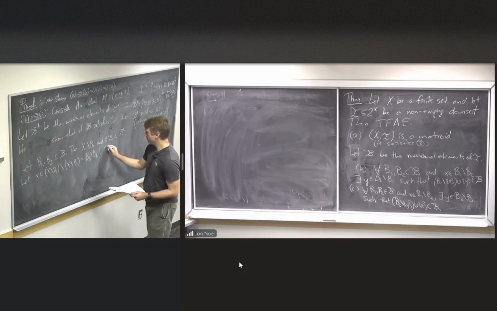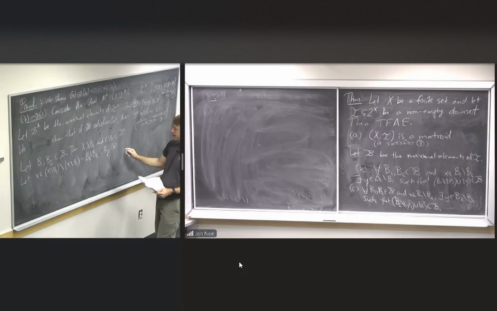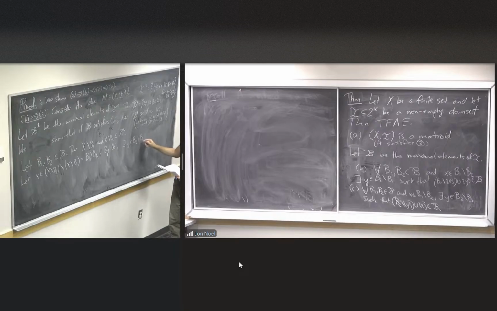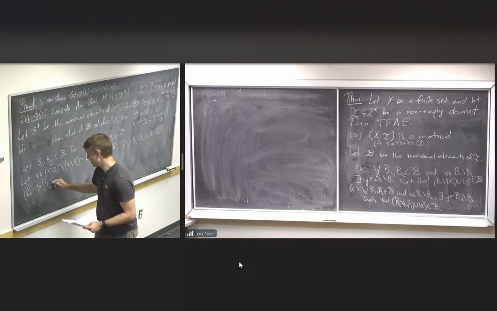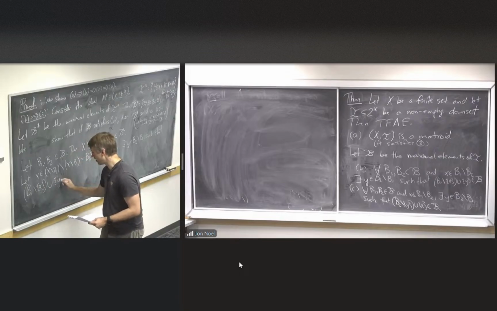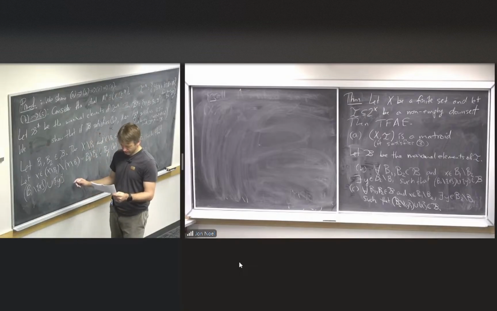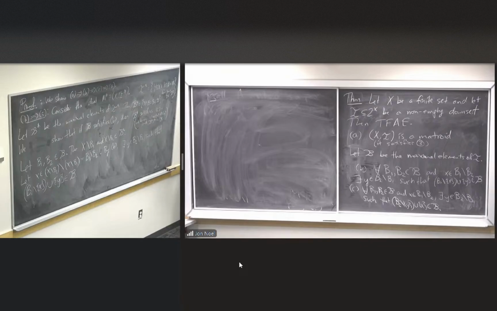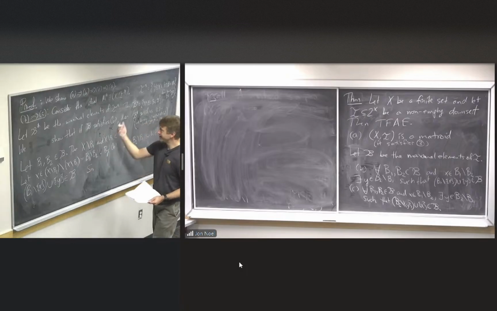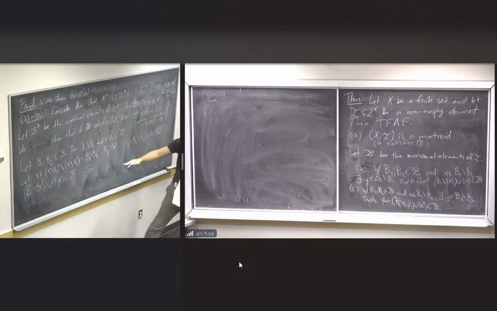Okay, so by property B for script B, there exists some y in B2 take away B1 such that if I take B1, delete x, and union with y, that's still in B. Therefore, just by the way that this B star is related to B, if something is in B, then its complement is in B star.